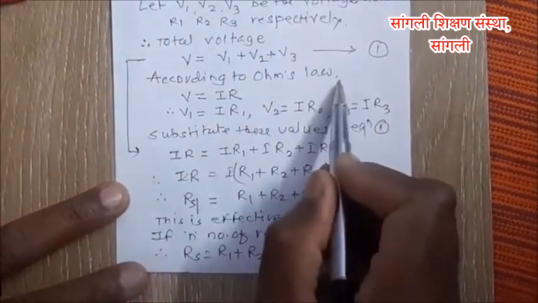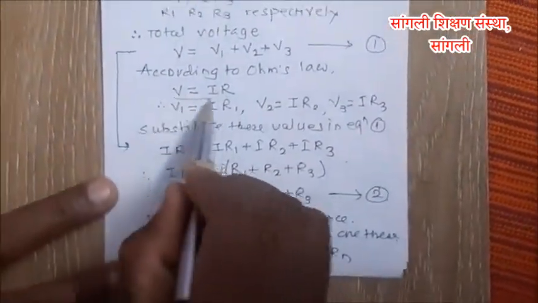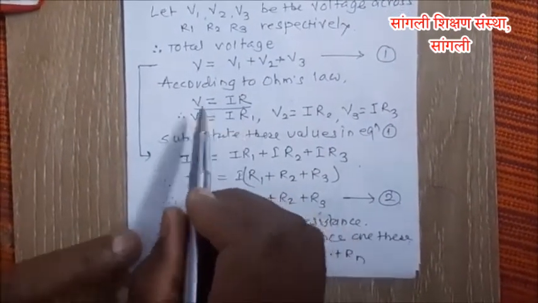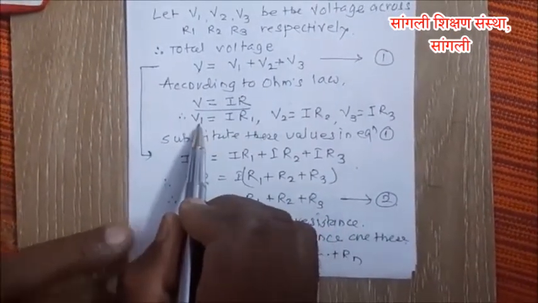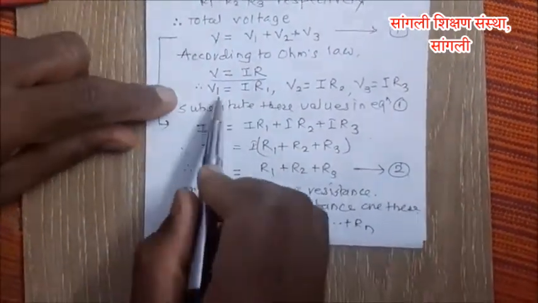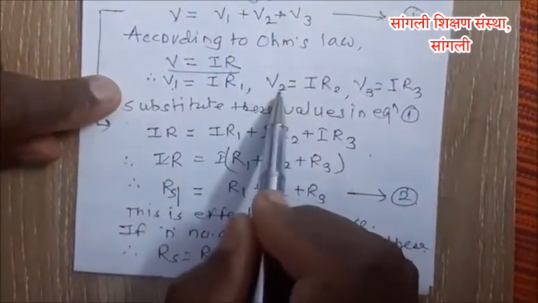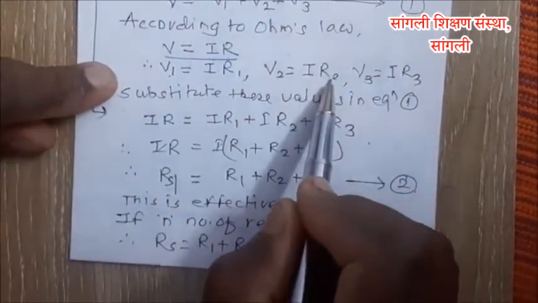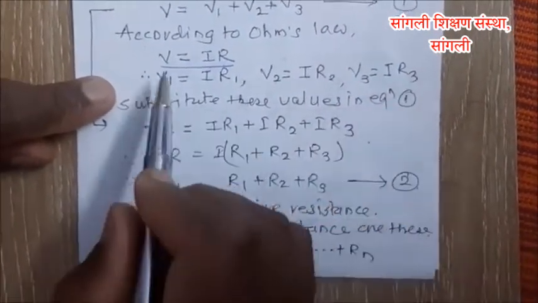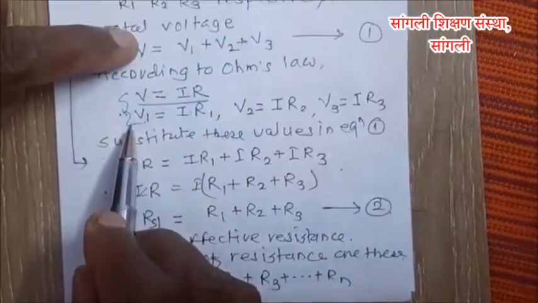According to Ohm's law, V equal to IR. Now find V1, V2 and V3 from this equation. How will you find them? V1 equal to IR1, V2 equal to IR2 and V3 equal to IR3. Now put these values in equation number 1.